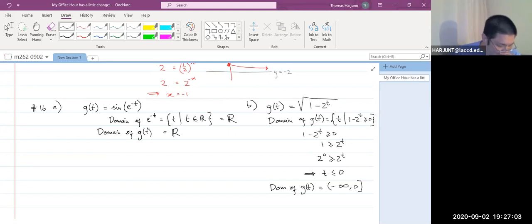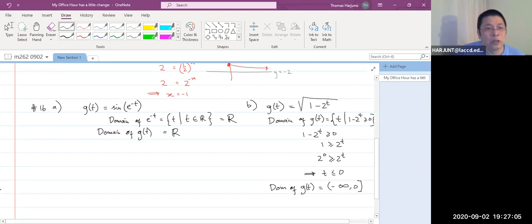Number 23, 24. Number 23, limit when x goes to infinity of 1.001 to the x. What will that be?